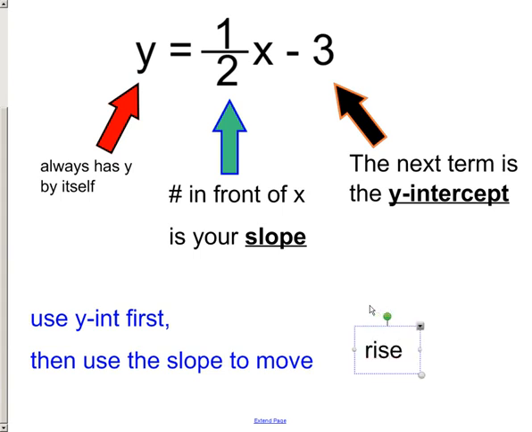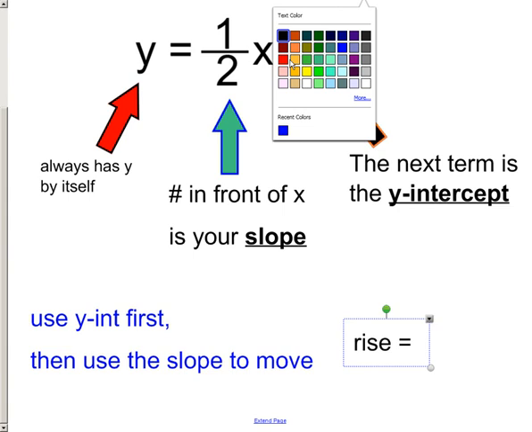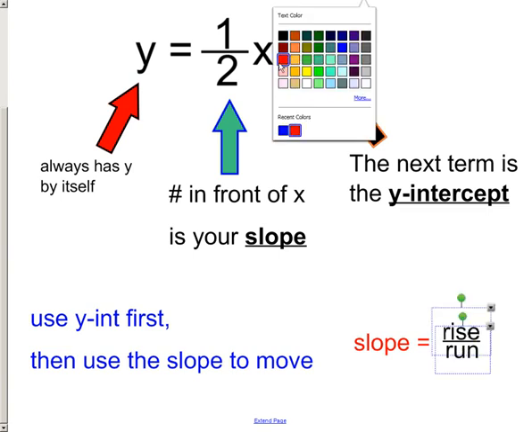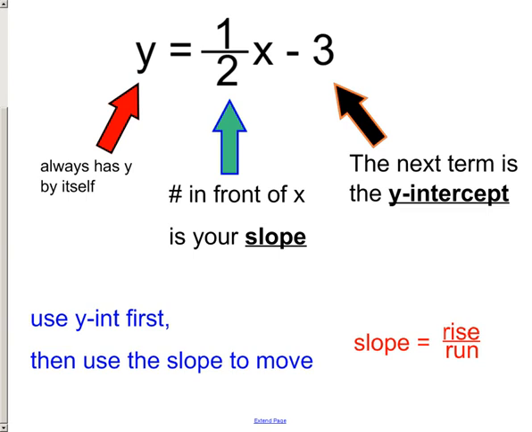And then, slope equals rise over run. It's a very famous saying. Almost every math teacher I know uses it. And I just want this in your notes also because it's just good to have on file.